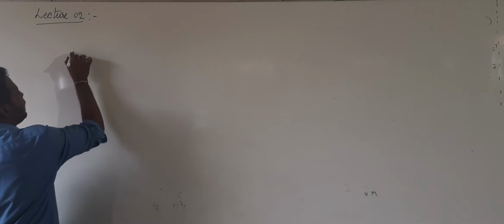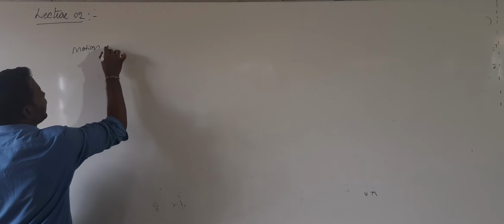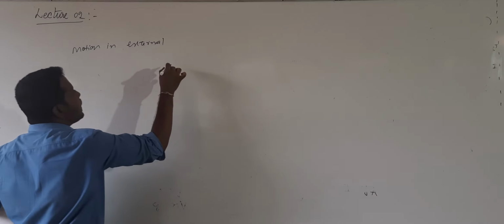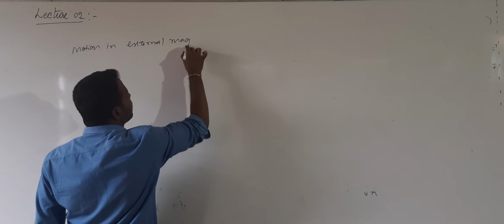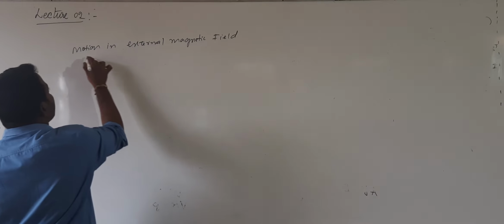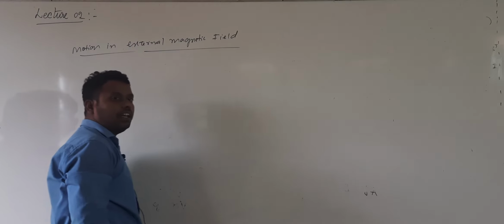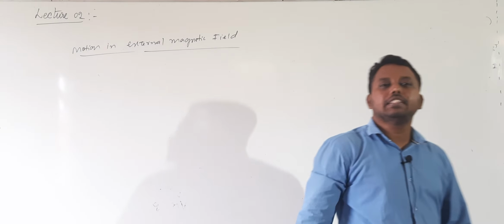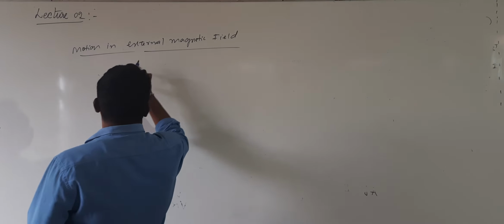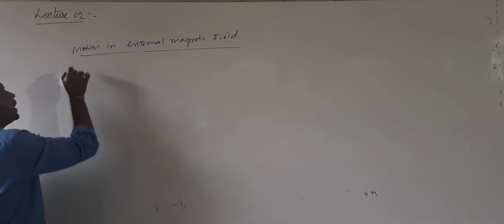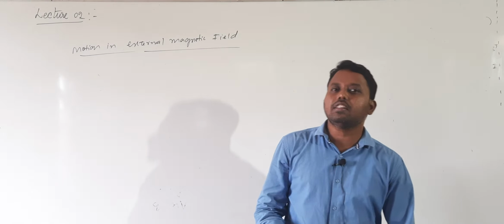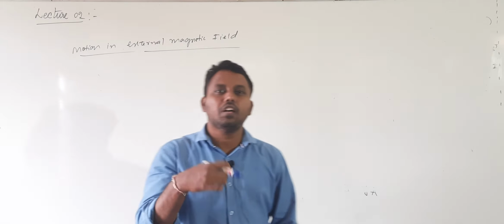So, motion of a charged particle in an external magnetic field. Whenever a charged particle is moving in an external magnetic field, what is the motion or the path followed by that charged particle? This is a very important concept for numericals. Directly they won't ask a 3 mark question, but these points are important for doing numericals.